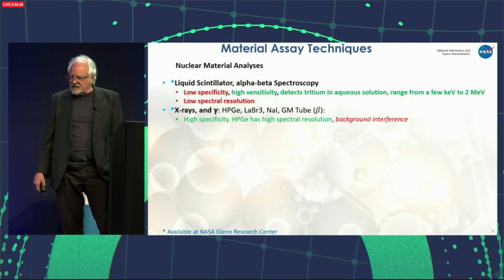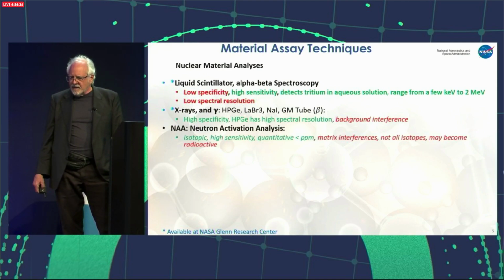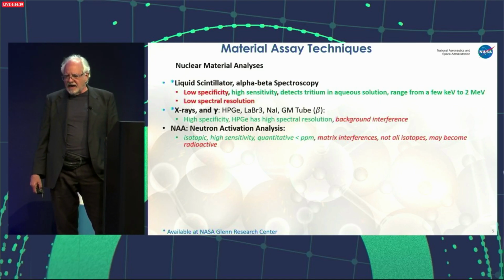It has a very high specificity, and again, we like HPGe, but we also have to worry about background interferences. Neutron activation analysis, it is very good, high sensitivity for specific isotopes, but again, you can have an interference from your matrix, and again, not all isotopes, and the sample will become radioactive in some cases.